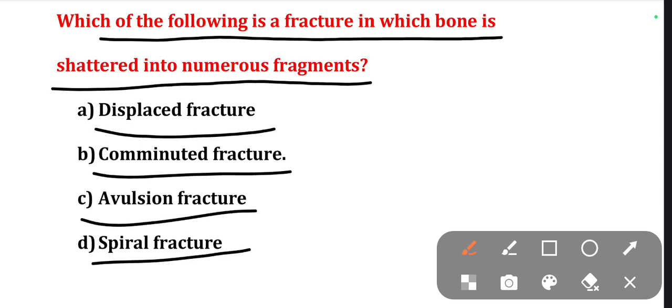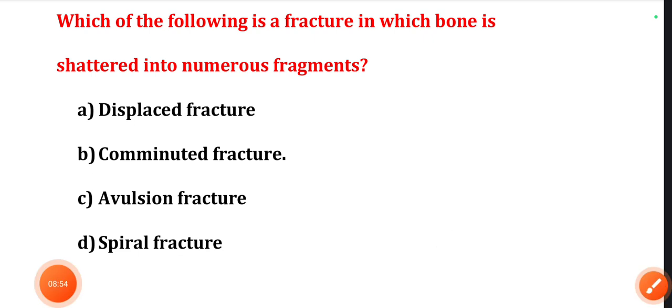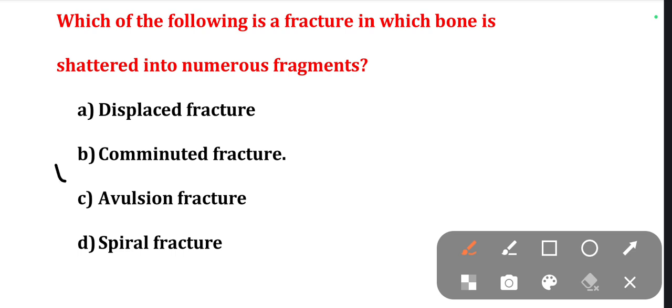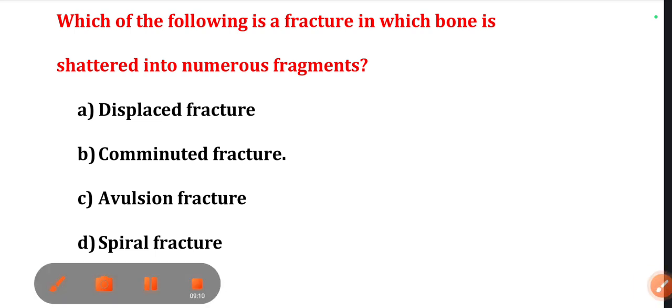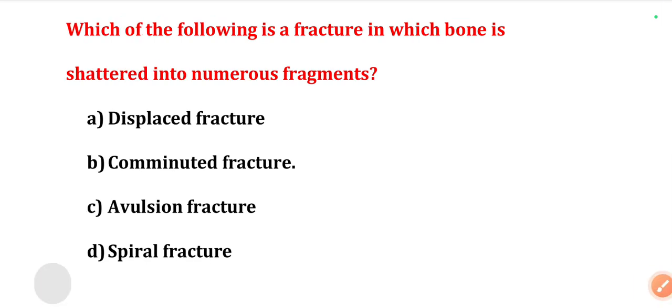So what is the correct answer? Please put it in the comment box. That is option B, comminuted fracture. Comminuted fracture is nothing but the formation of fragments in the fracture site.